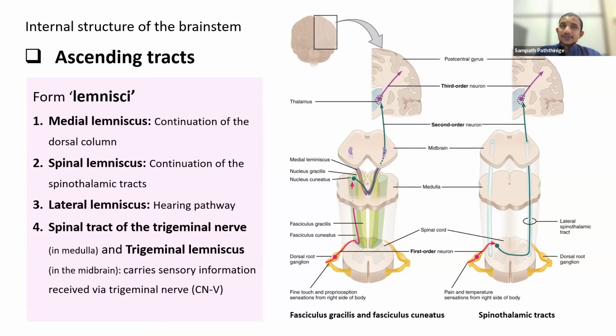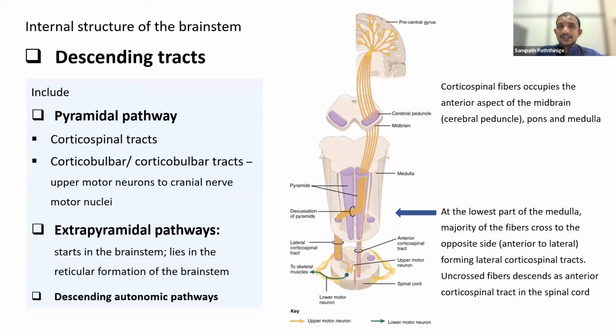Then the descending tracts, of course, we have the pyramidal pathways, the corticospinal tracts. Additionally, the brainstem has the corticonuclear tracts. Usually both go together, but the descending motor fibers which innervate the motor cranial nerve nuclei are known as the corticonuclear or corticobulbar tracts.